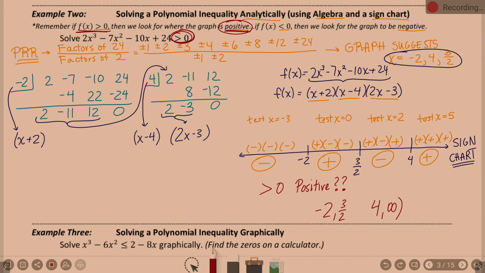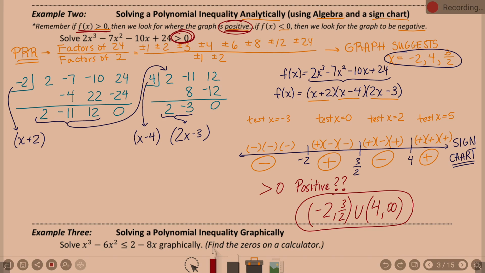No. So, do we use parentheses or brackets on these others? At these points, these are zeros, aren't they? We're only being asked about positive, so all of our pieces are going to include parentheses. So -2 to 3/2 and 4 to infinity.